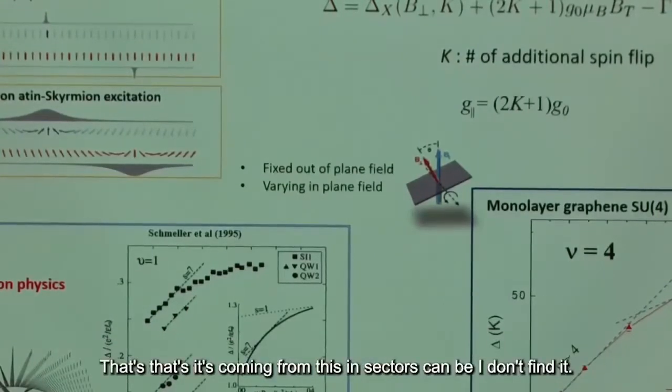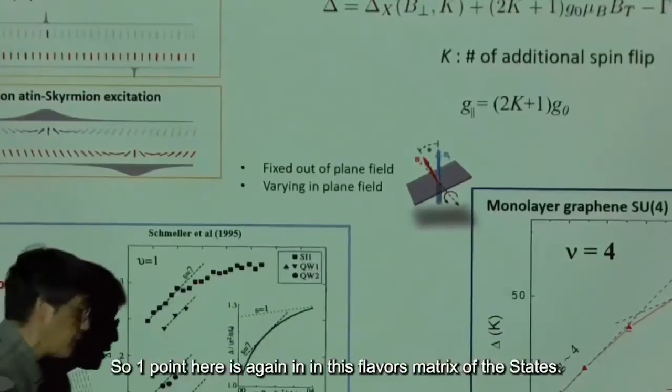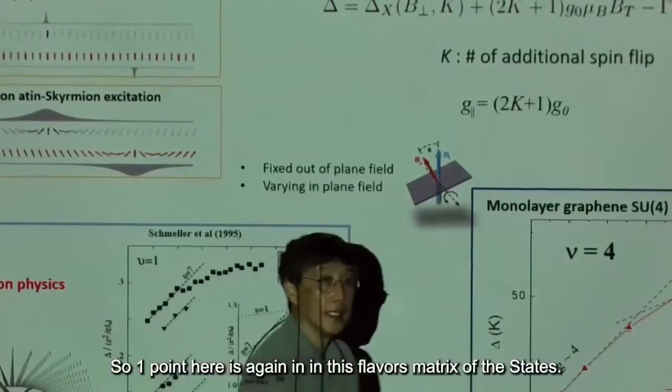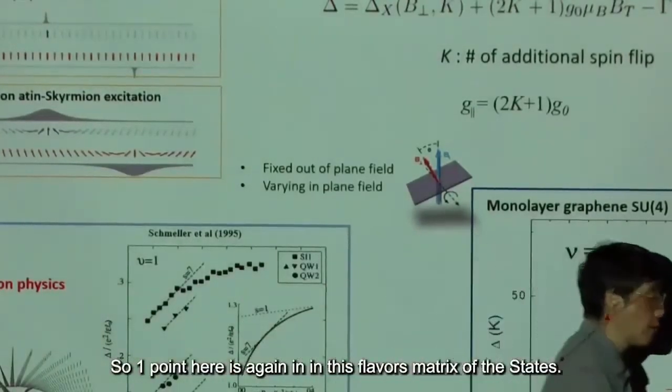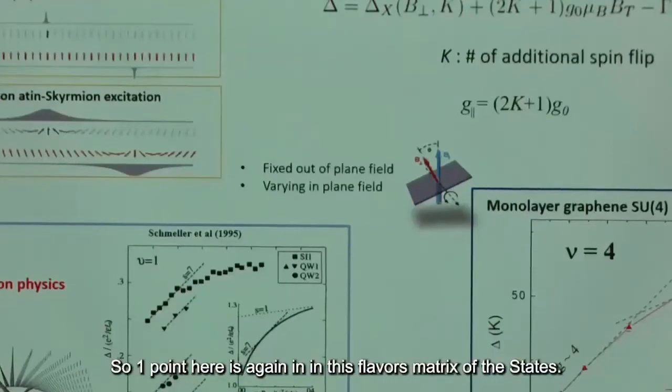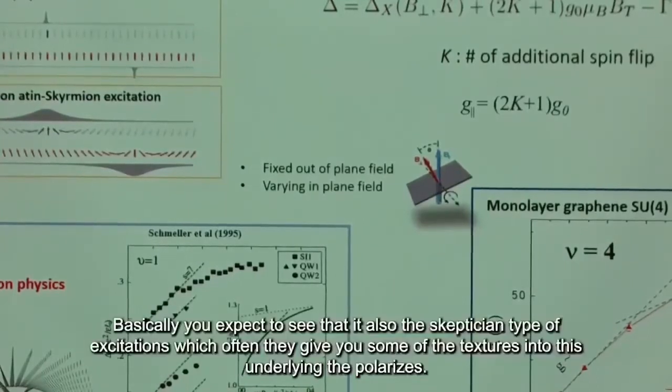And here, particularly the Skyrmion from the spin sector can be detected by applying the magnetic field. So the whole point here, again, is that in these flavor symmetry broken states, you expect to see this Skyrmion type of excitation, which often gives you some textures in the underlying polarized states.